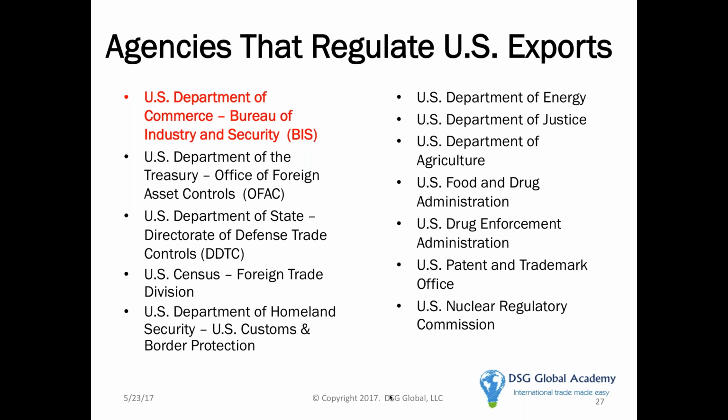But they also own a process called CFIUS, which you may have heard of. Every time a foreign company tries to acquire a US company, CFIUS, an interagency US committee managed by Treasury, reviews it. It stands for Committee on Foreign Investment in the United States.